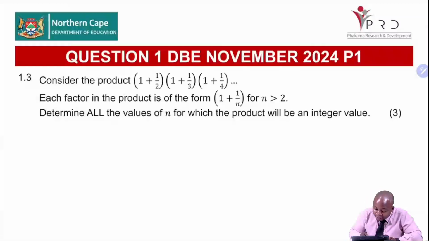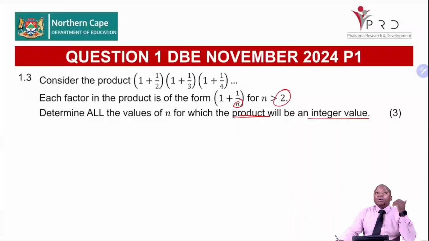So this is our n. They say this n must be greater than 2. Determine all the values of n for which the product is going to be an integer value. So we are going to check where the product is going to have an integer value.